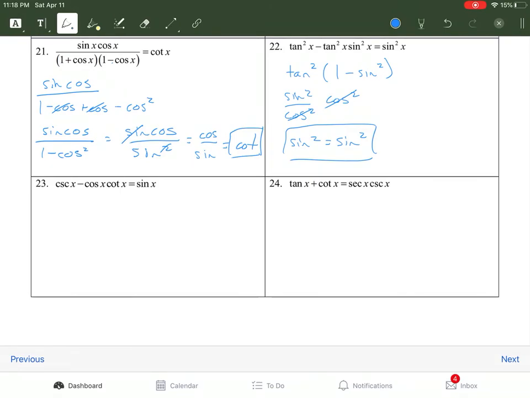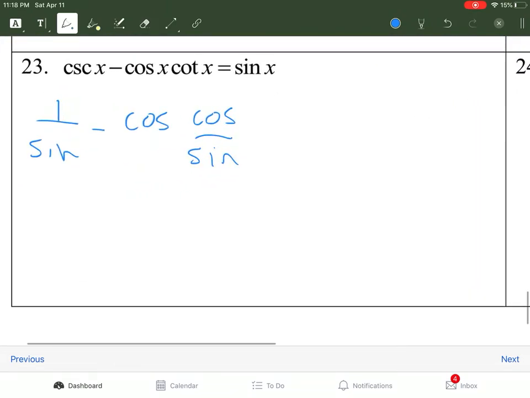And 23, I'm going to turn all this into terms of sine and cosine. So I have cosecant is going to be 1 over sine. Minus cosine is already in cosine, so I'm going to leave it. And then cotangent is cosine over sine. I'm going to make this bigger because I'm going to run out of room. So we have 1 over sine minus the cosines get multiplied together to give you cosine squared over sine.